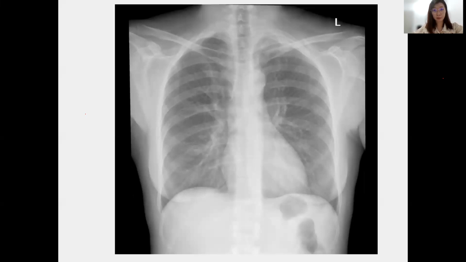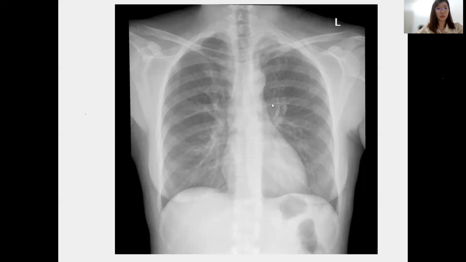This one is pathology, but not collapse. There's no collapse in the X-ray. Anyone? You can type normal.